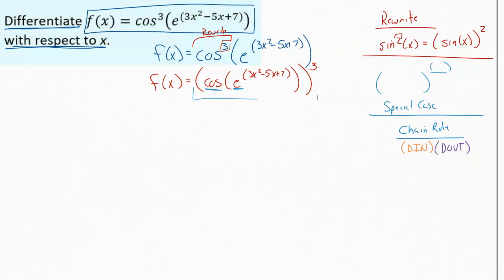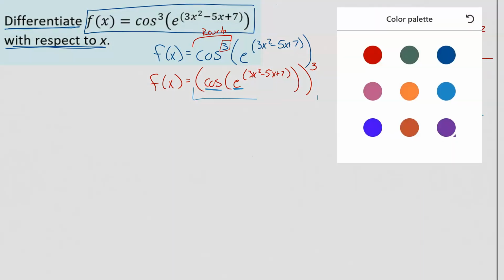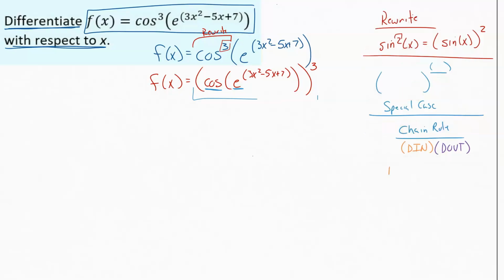And what we have going on in this problem is we actually have a couple of layers of inside. There's a couple of ways of doing this. This is one. If you want to see a second way, I'll show you in another video just after this. But for this one, I'm going to do the inside out method. I'm going to start by saying, okay, inside this third power is this cosine function.